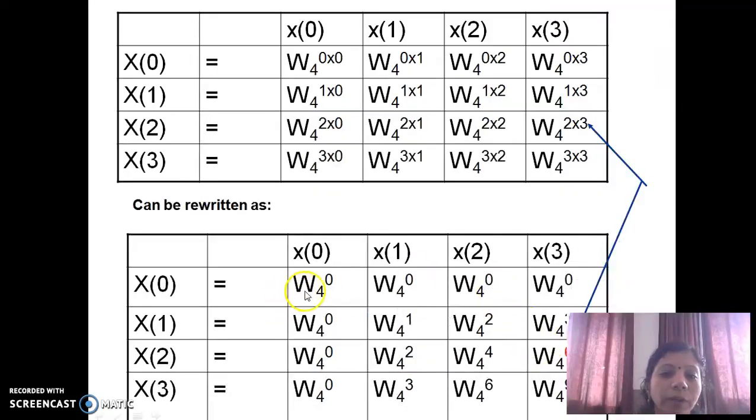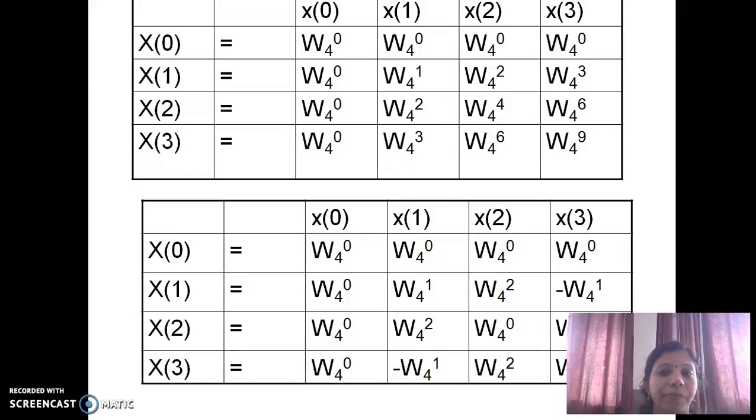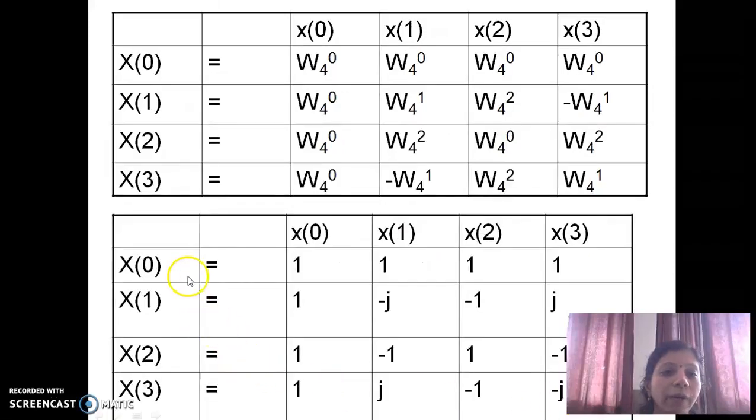So we have W4 raised to 0 up to W4 raised to 9 as the values of the twiddle factors, and we have to write them in the matrix form. At the end, by putting in the values which we found in the magnitude and phase table, we have x of 0, 1, 2, 3 as the input sequence, and these are the output sequence in the frequency domain, with 1, 1, 1, 1 in the first row and the other values from the magnitude and phase table.